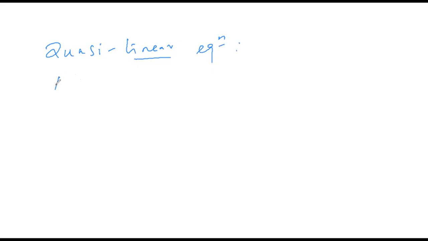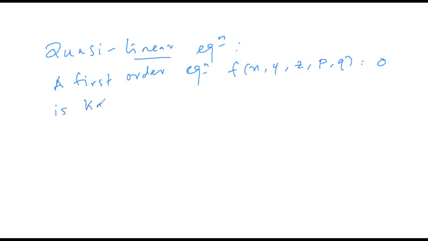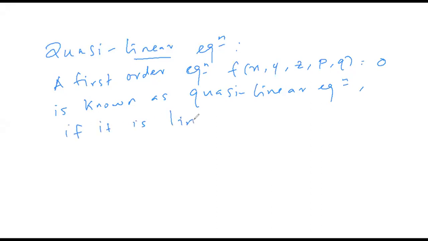Quasi-linear means a first order equation f of x, y, z, p, q, which is equal to 0, is known as a quasi-linear equation if it is linear, already it is linear, in p and q. A first order equation is quasi-linear if it is linear in p and q.